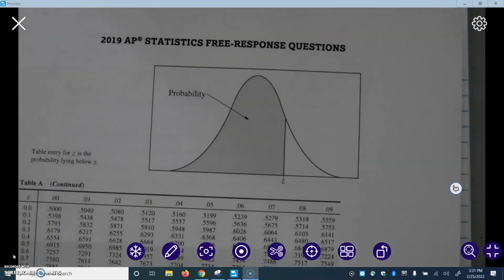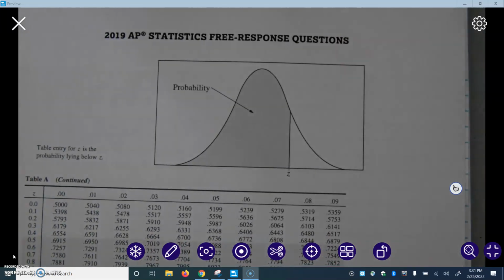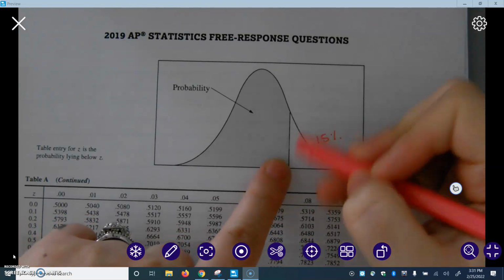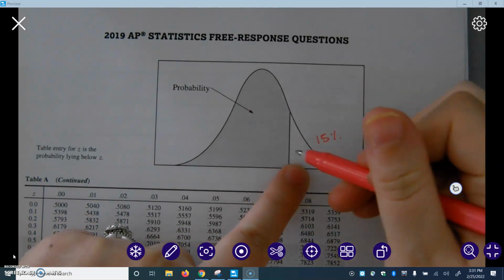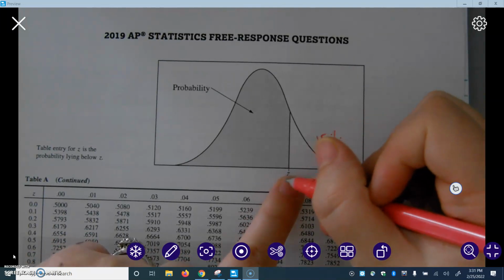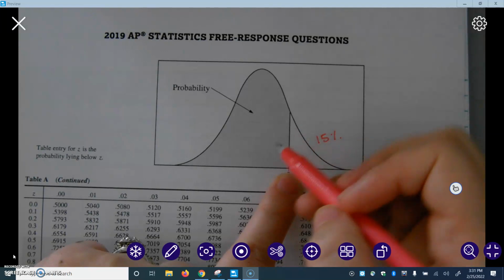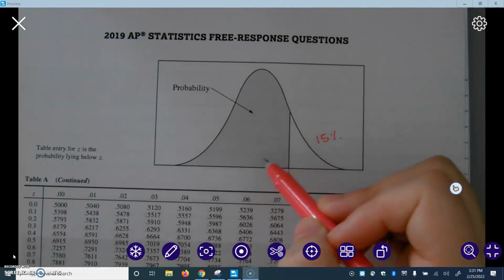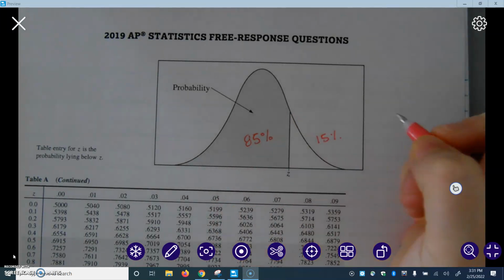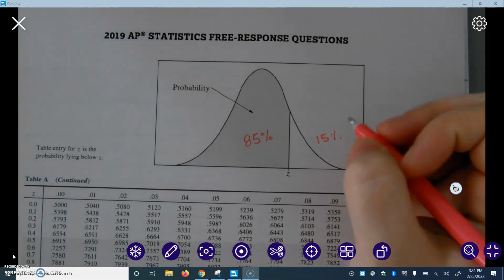So I'm going to use this one. And basically what my table is going to show me is the shaded area. So I'm looking for greater than whatever this z-score is going to be 15%. But since it's only showing me this shaded region, then I'm looking for 85% on my z-table.